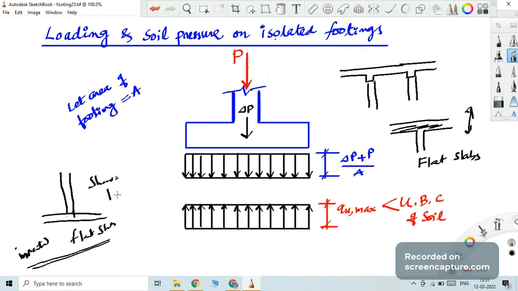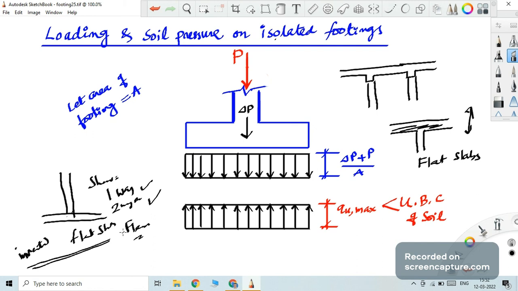I have told you we have one-way shear as well as two-way shear, so we will utilize that concept when we design the slab. One-way shear is a criterion, two-way shear is another criterion, and of course the flexure criterion. We will be following the provisions of IS 456, where the provisions for flat slabs are given, and we will use those at some locations also.